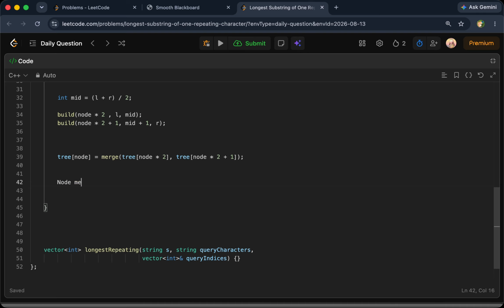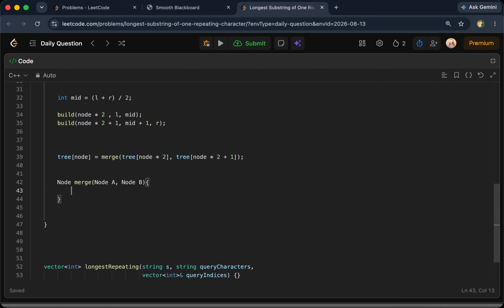Node merge, node a, node b. Okay, see, the merge function takes two nodes, the left node and the right node.